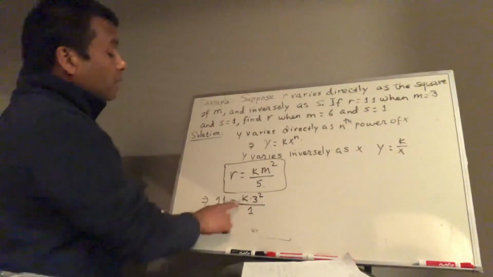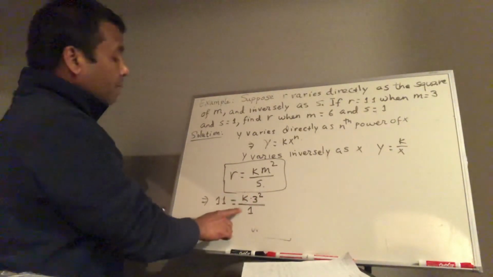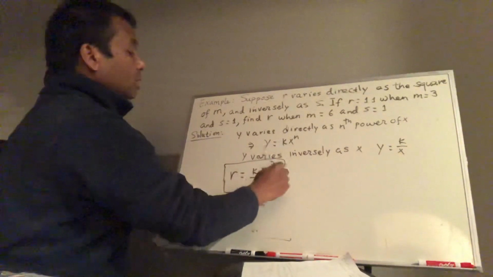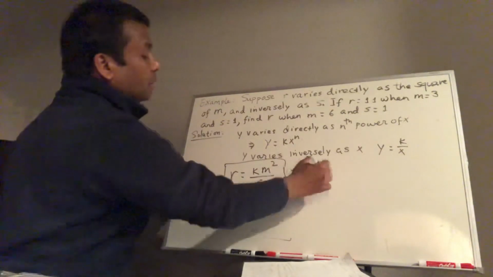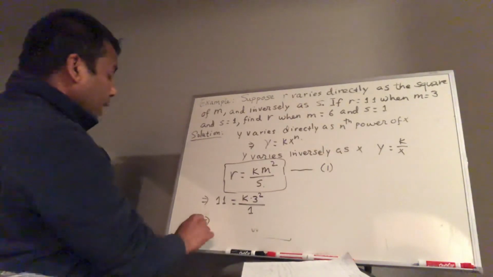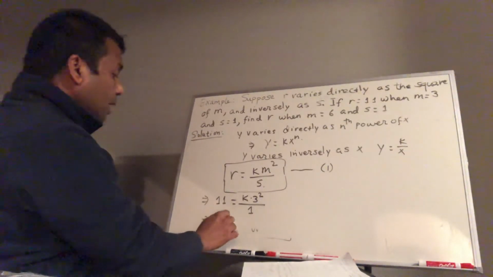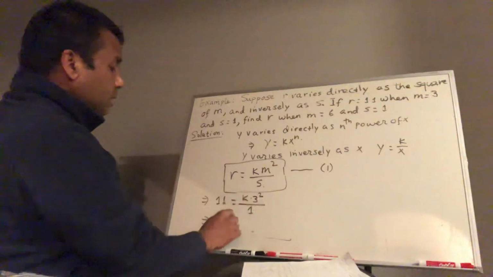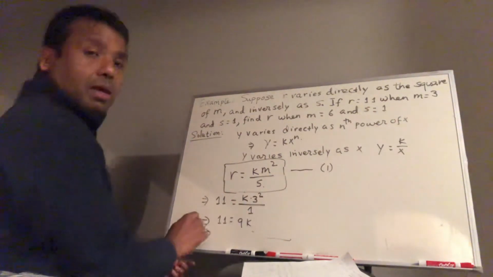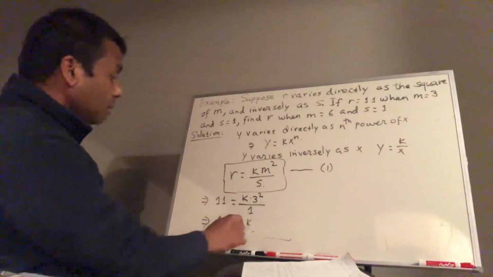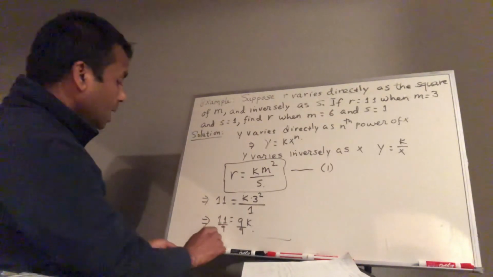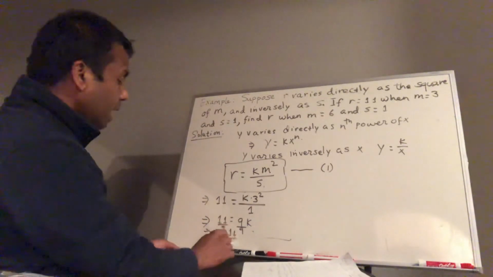So from here you have to solve for k and then plug in back to the original equation, okay? So let's say this is your equation 1. From here you solve for k, so 11 equals, so this is 9k. You divide both sides by 9, so that will give me k equals 11 over 9.